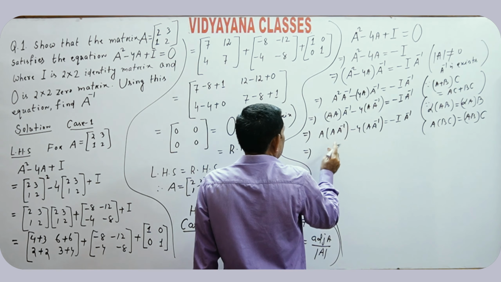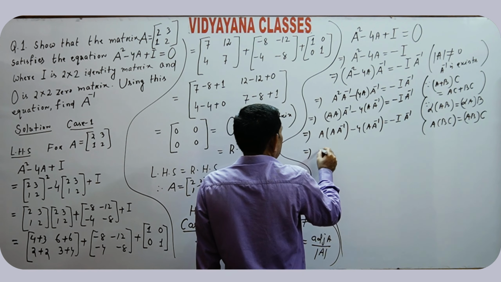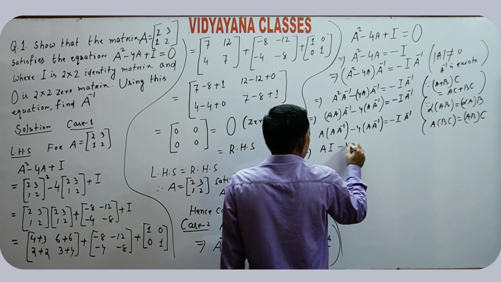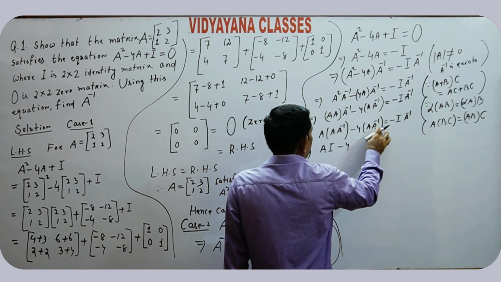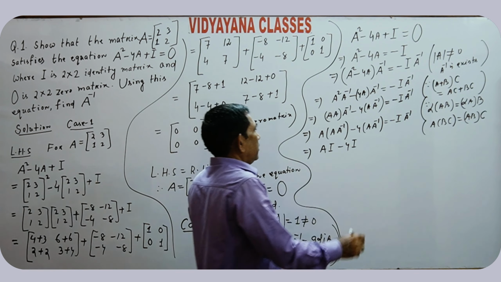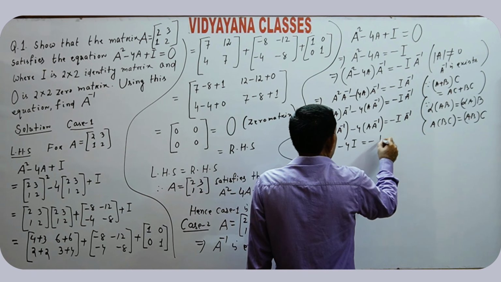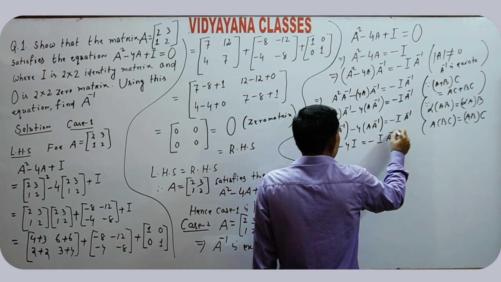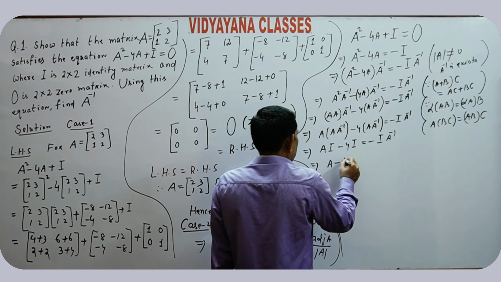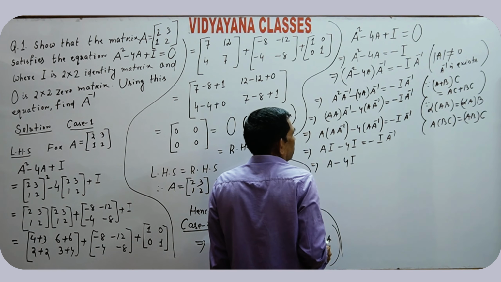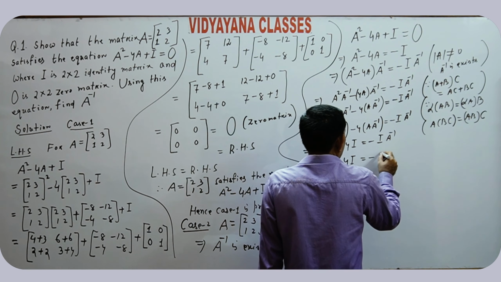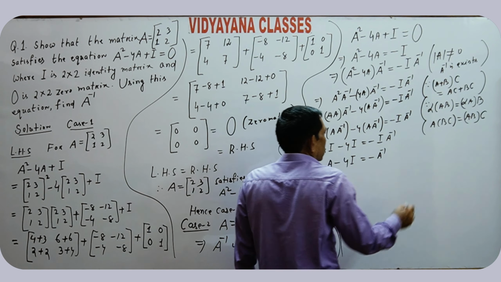Which implies A into A inverse is equal to I, minus 4 A into A inverse is equal to I, is equal to minus I A inverse, which is the same as A minus 4I is equal to minus A inverse.